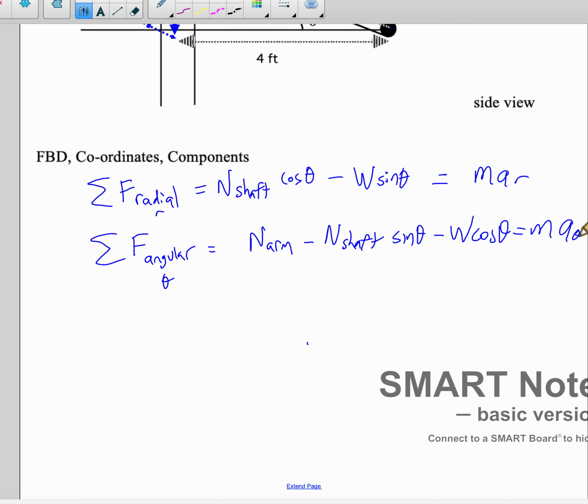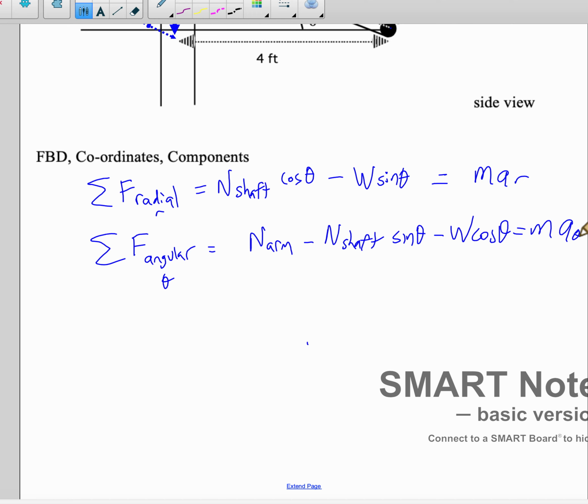Now, we are asked to find the forces when the angle is 30 degrees or pi over 6. So we know the weight, we know the angle.